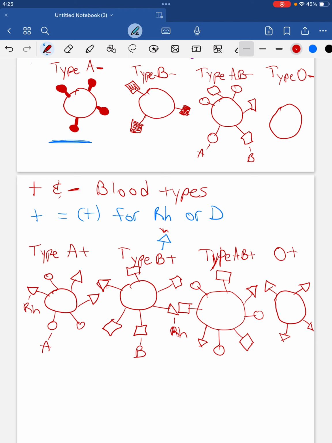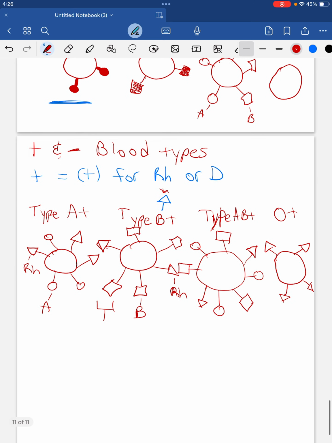Again, antibodies are things that attack. So if we had an anti-B antibody, it would look something like this so that it could attach to those boxes. If this antibody is made by someone who is, let's say, type A and is exposed to type B blood, it's going to make a bunch of these antibodies.